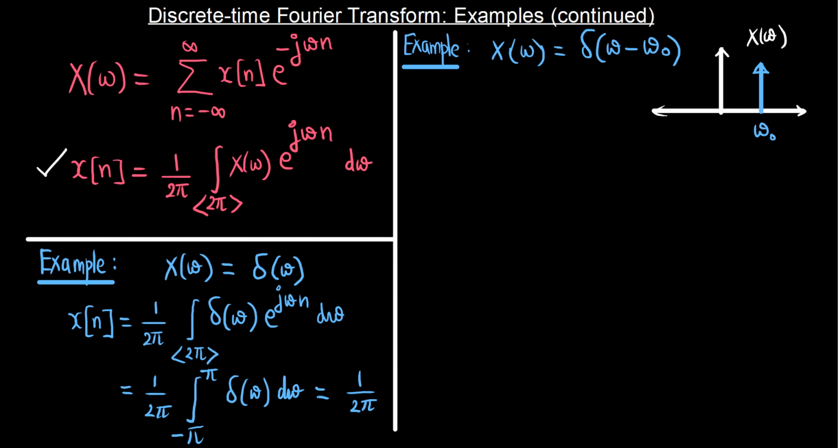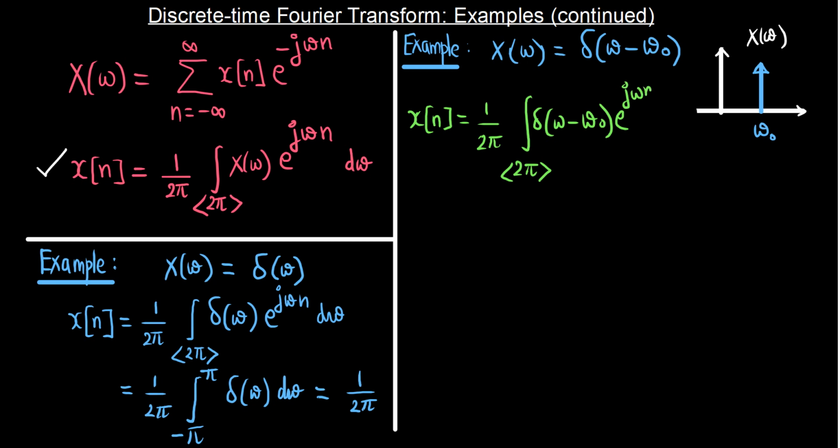What we are going to get here is x of n equals 1 upon 2 pi, integration over 2 pi, delta of omega minus omega naught, e power j omega n d omega. So this is going to be equal to 1 upon 2 pi.